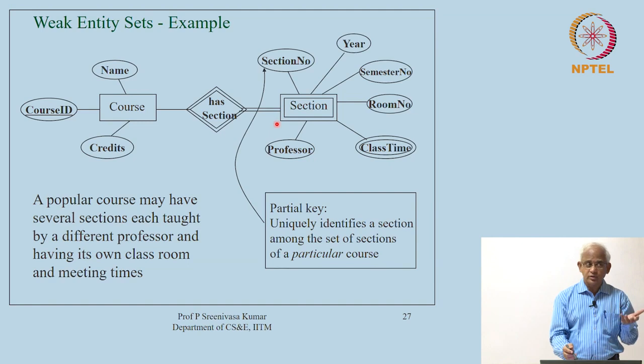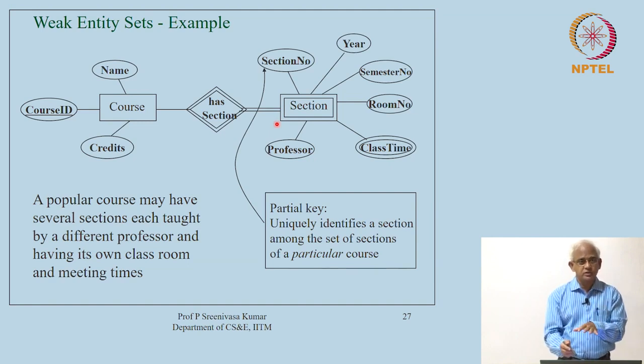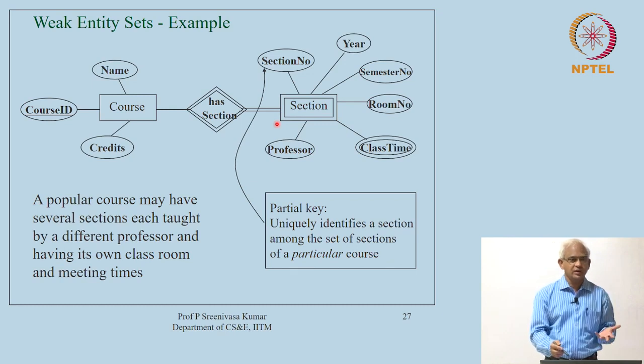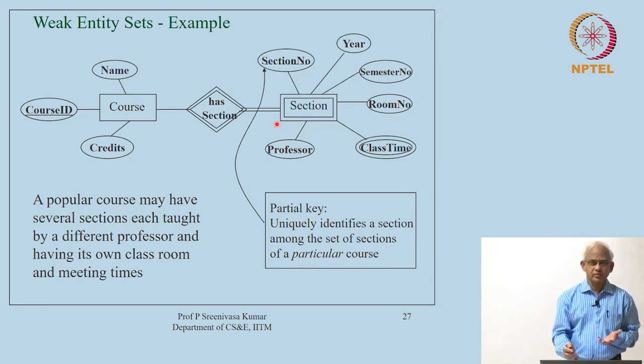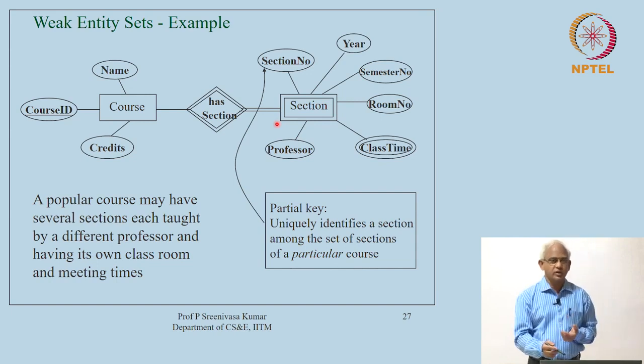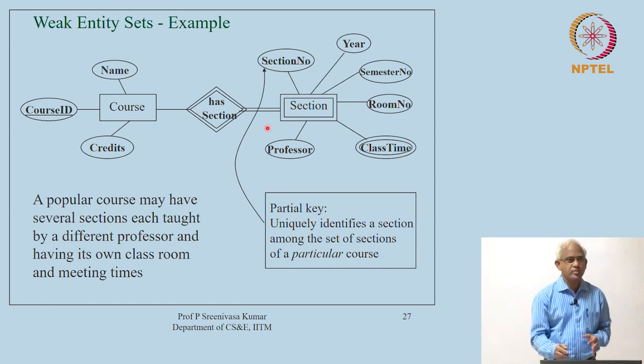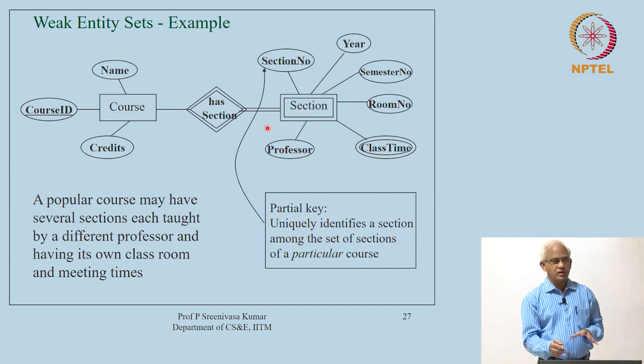Now, in this case you can see that those dependents are anyway persons, and so they might actually have some identifying attribute like social security number or Aadhaar number, which is a key attribute, I mean it identifies the person uniquely. But that's beside the point, because as far as the information system is concerned, it is not necessary that all these weak entities that we may be interested in have a key.